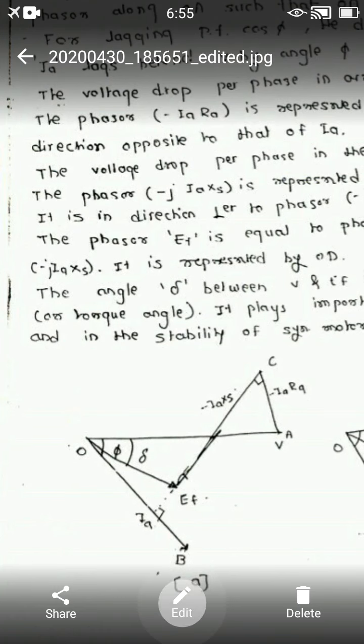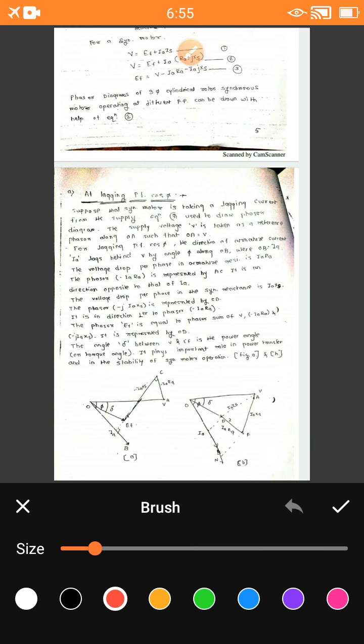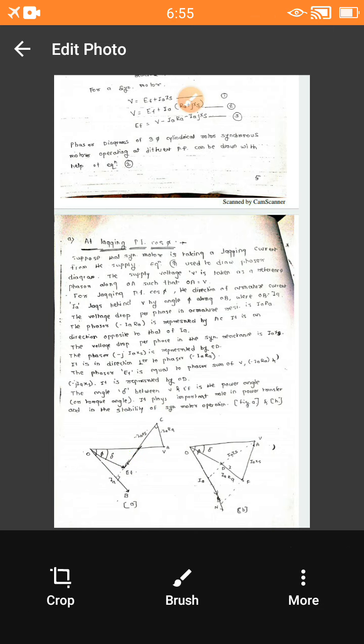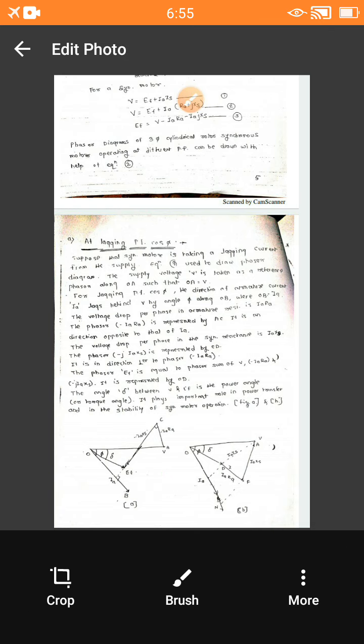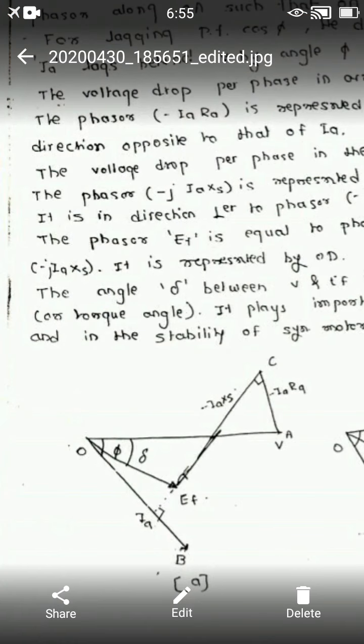So in that phasor we get the point D, which is shown in the circuit. This is the point called D, shown by this phasor. So this is basically the phasor diagram.